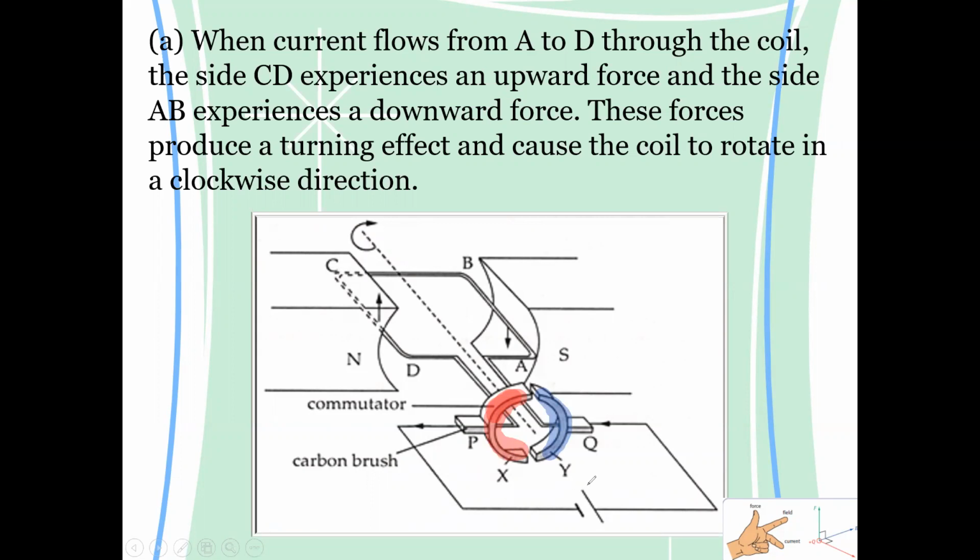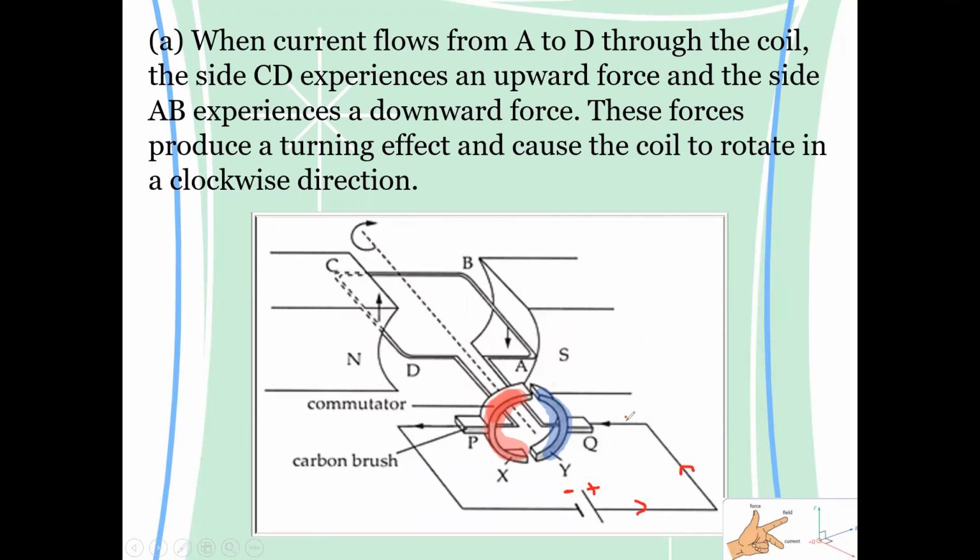What will be the direction of the current? The direction of the current is always from positive to negative. How do we identify which terminal is positive? The big line always represents the positive terminal of a cell, and the small line is the negative. So the direction of the conventional current is always from positive to negative.